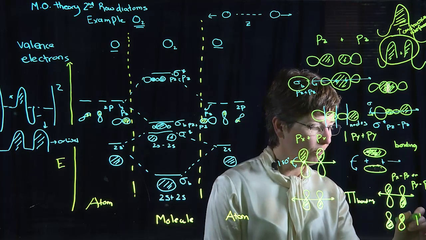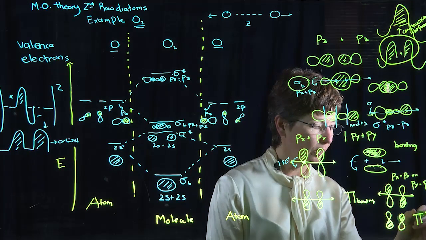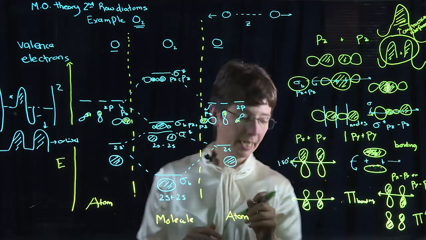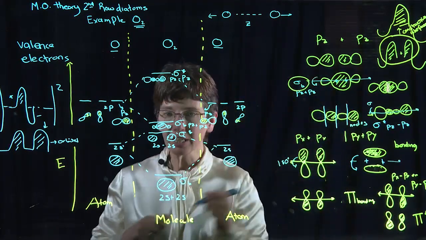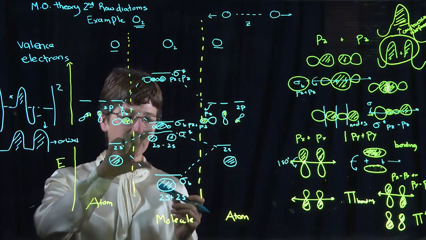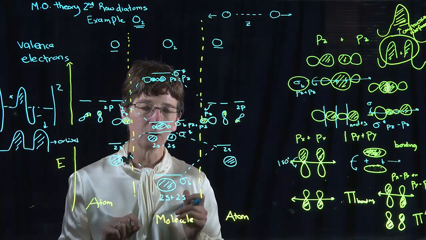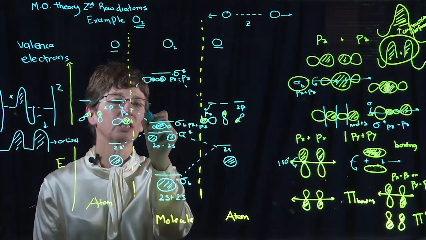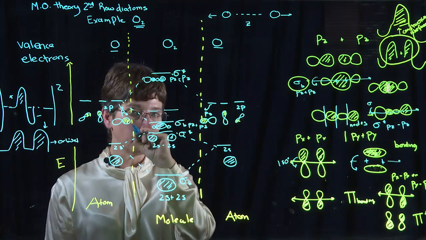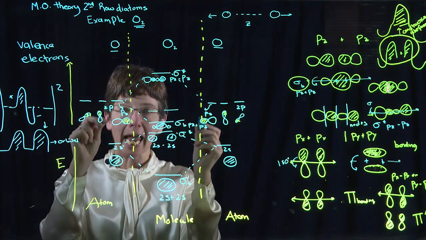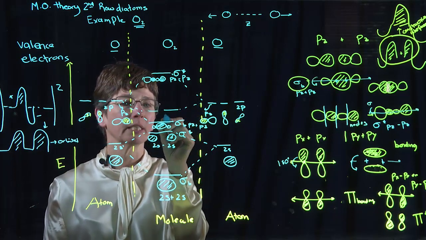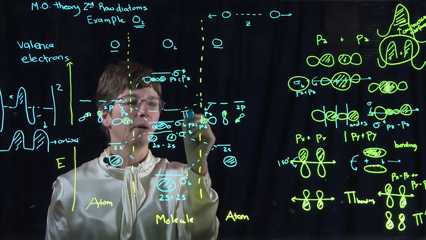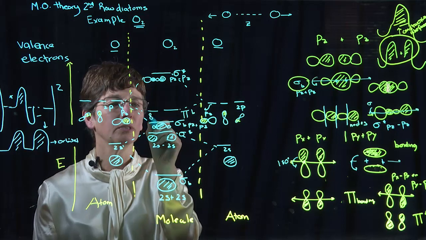So here we have our pi antibonding orbital. And again, these orbitals in general are a little less beneficial than some of these sigma bonding molecular orbitals we've made. So in general, the energy of the bonding molecular orbital is not as stabilized relative to the atomic orbitals it came from. So this is our pi bonding molecular orbitals.